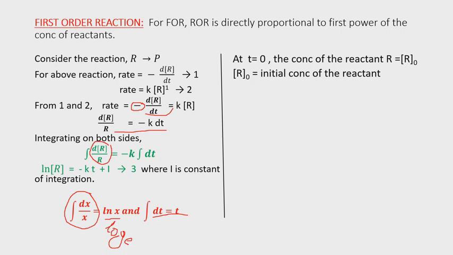So if t equal to 0, this whole term becomes 0, and at the same time R becomes R naught.